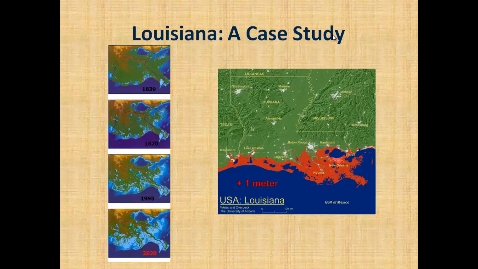So, because Louisiana has lots of wetlands, it experiences a lot of coastal erosion. The USGS, the U.S. Fish and Wildlife Service, and other federal and state entities and universities did a study of Louisiana.